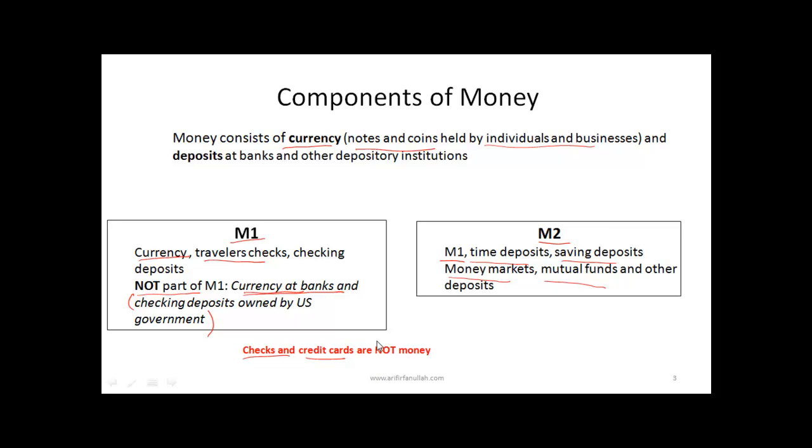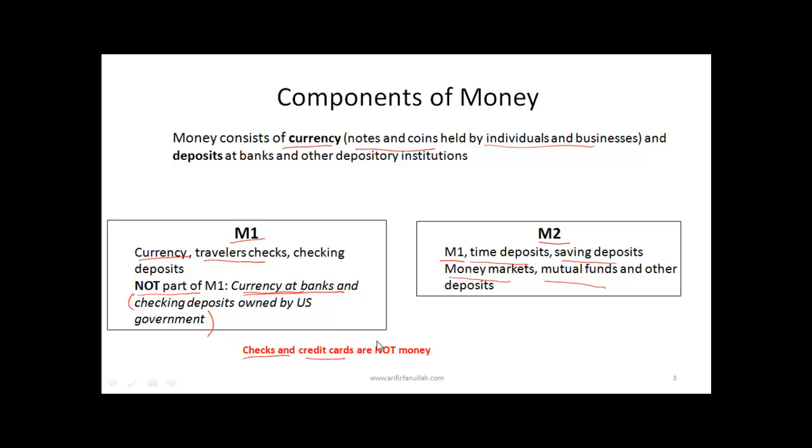The money is still sitting in your deposit account. Has my deposit gone up yet? It's not gone up. So the check is simply a means of transferring money and it's not considered part of money. Obviously, when the money goes away from your account and into my account, then your deposit will go down and my deposit will go up.